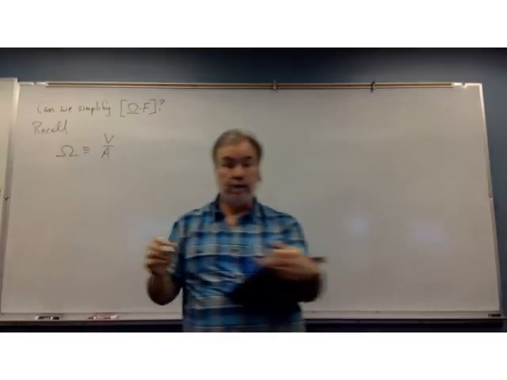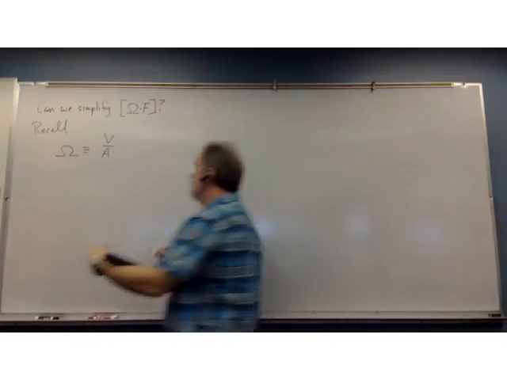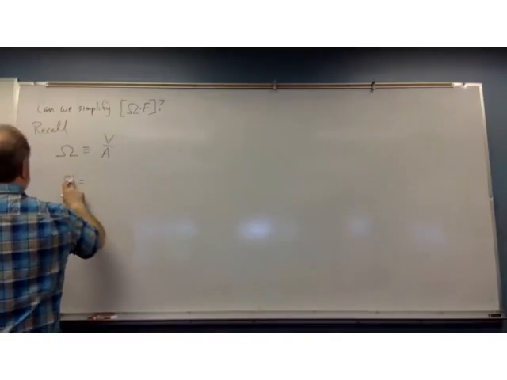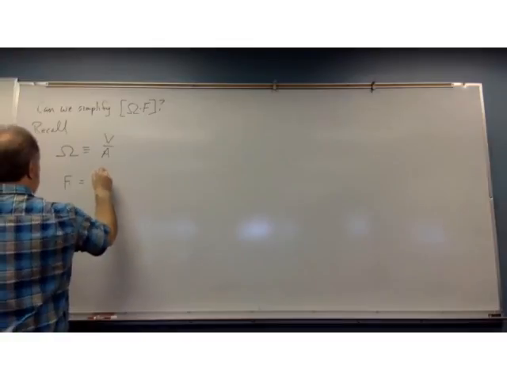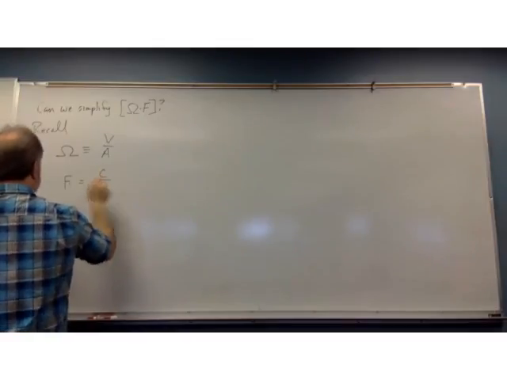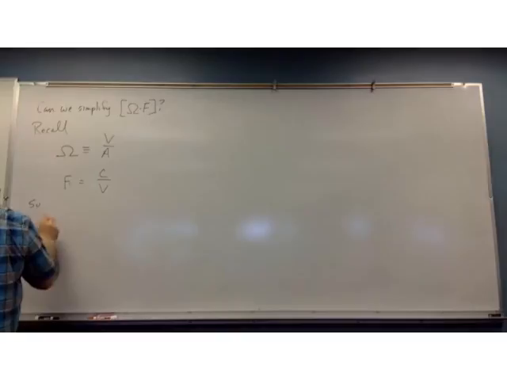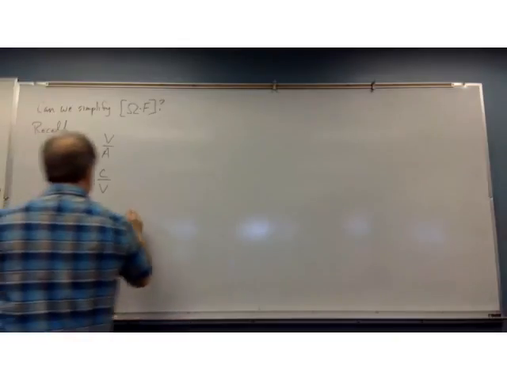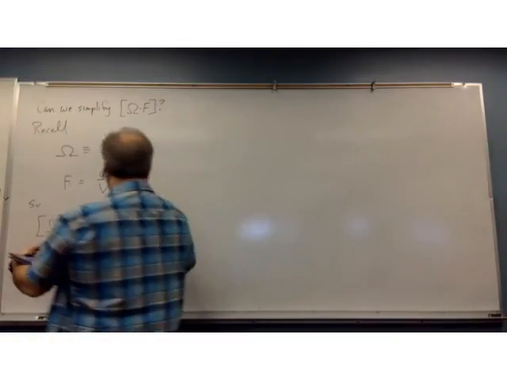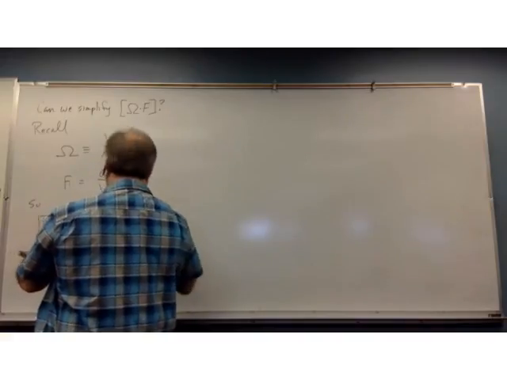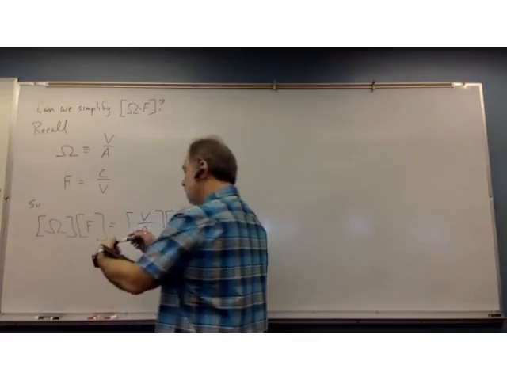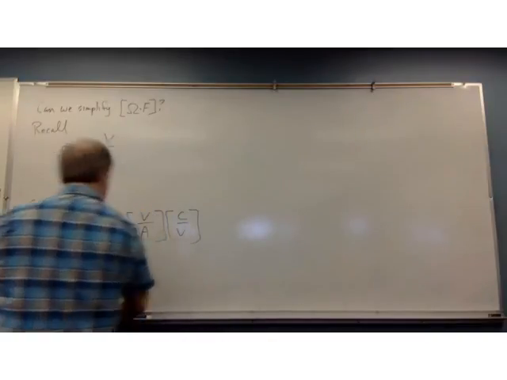That's from Ohm's law. And a farad, from Q equals C times V, is a coulomb per volt. So the product of ohm with farad is simply volts per amps times coulombs per volt.